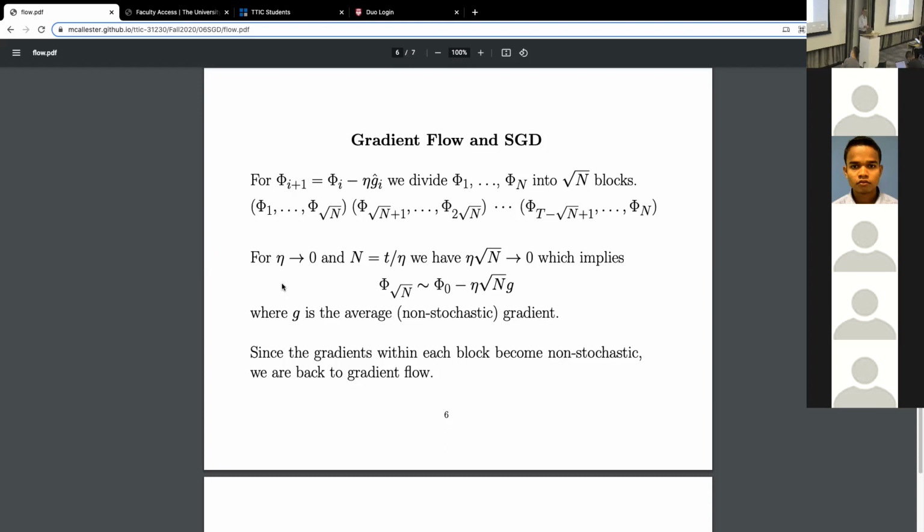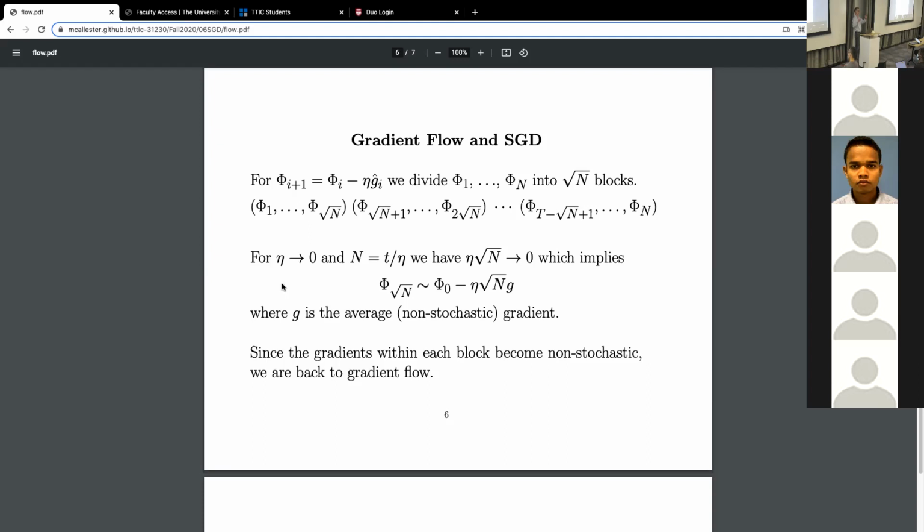So the question is, is that also true for stochastic gradient descent? That's what this slide is about. It's arguing that for stochastic gradient descent, as delta t goes to 0, it's also true that the sequence of values will approach the smooth differential equation value.